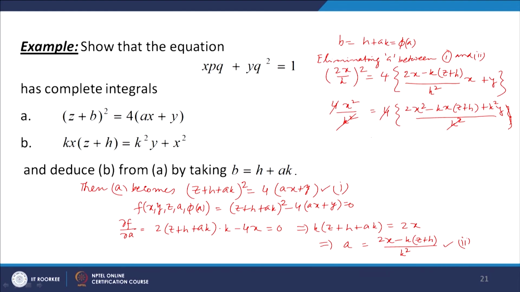So I can say that 0 equal to x square minus kx into z plus h plus k square y, or we can say that kx into z plus h equal to k square y plus x square, which is the complete integral b.